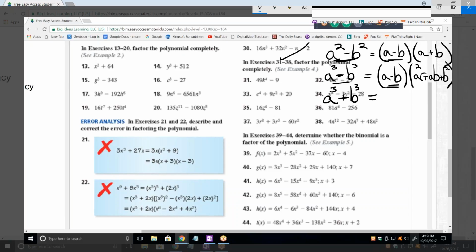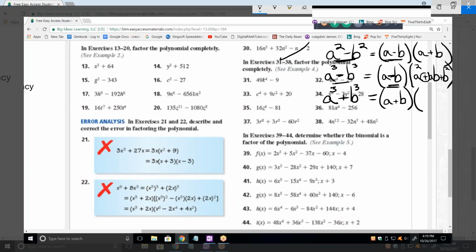That is always the opposite sign of this. And it's just a times b, and it's always plus b squared. Now let's look at a cubed plus b cubed. Always the same sign, and it's always linear as the first term.